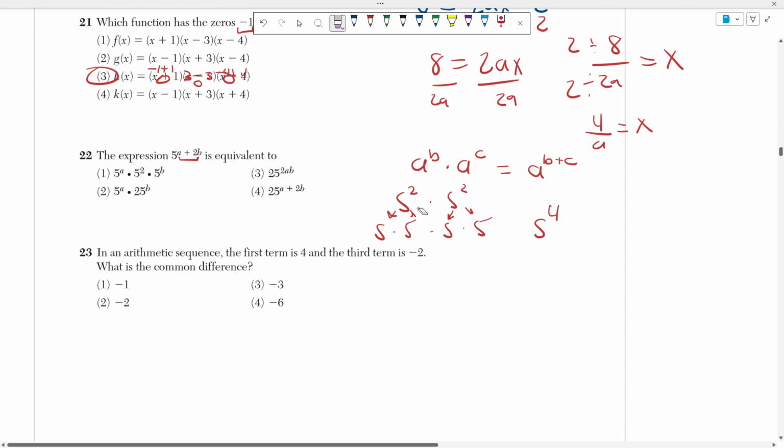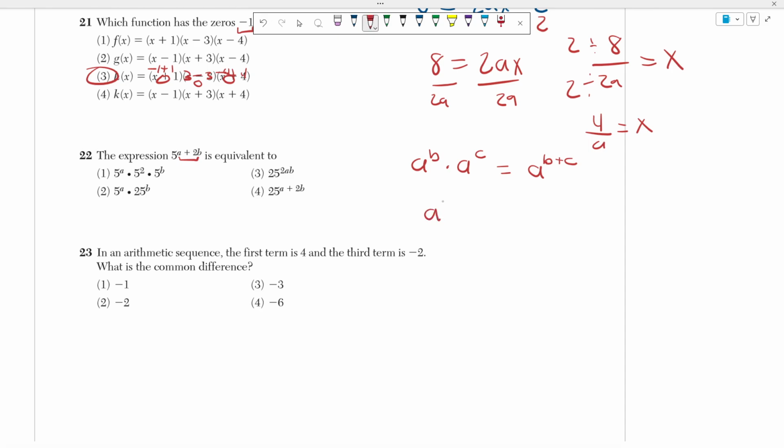And then the second rule you need to know here is that a to the power of b raised to the power of c is equal to a to the power of b times c. Okay, so 5 to the power of a times 5 to the power of 2b is the same thing as saying 5 to the power of a plus 2b. So essentially, we got this 2b out of the exponent and onto another 5.